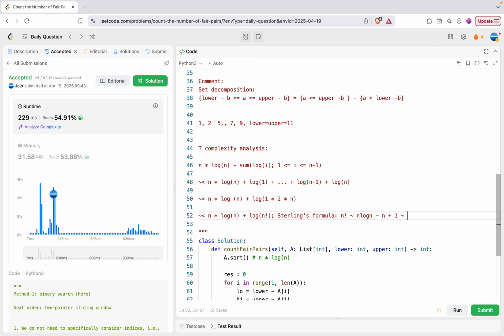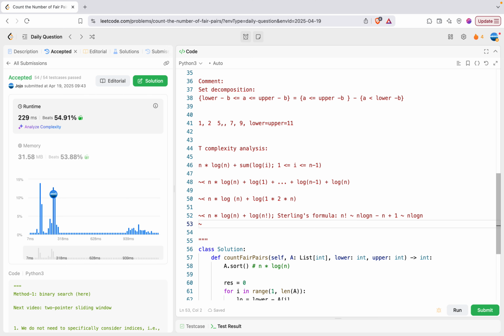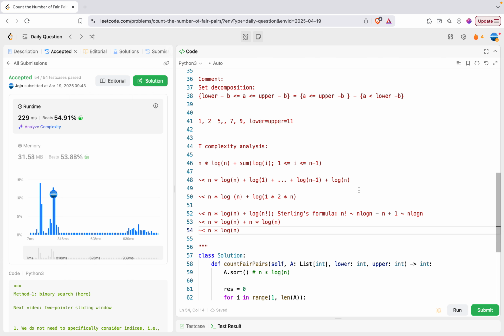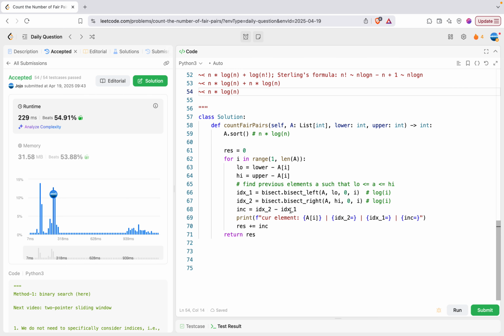So we can just think of the n log n term, right? So overall, it will be n log n plus n log n, so overall it is n log n, but here we drop some constants. So that's the time complexity for the current way of writing the code.